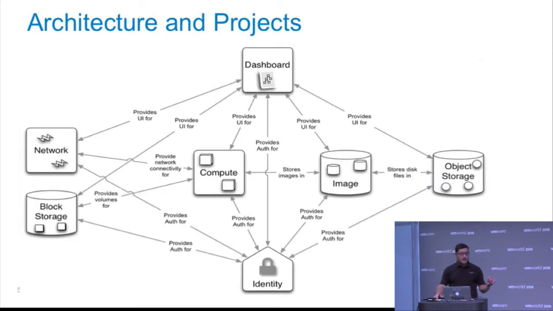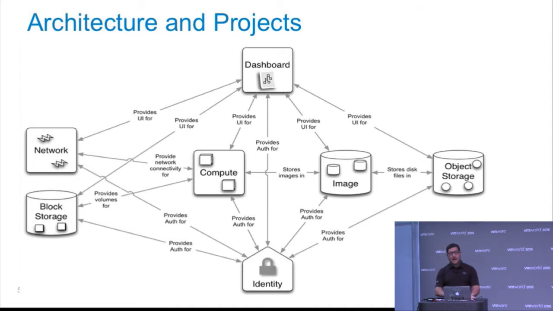Very briefly, I'm going to describe the architecture. So this is the minimum scenario when we are talking about, okay, this is my OpenStack deployment. You will likely be dealing with around 7 to 8 projects. The most important projects and how they are interconnected is shown in the slides.